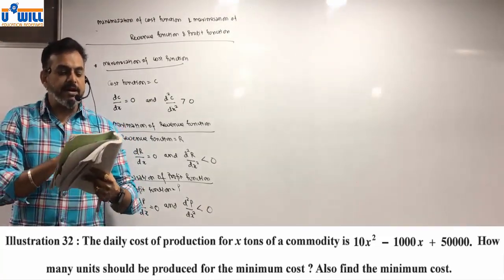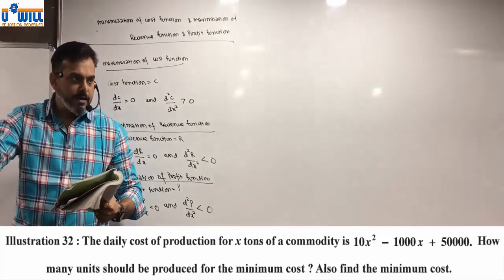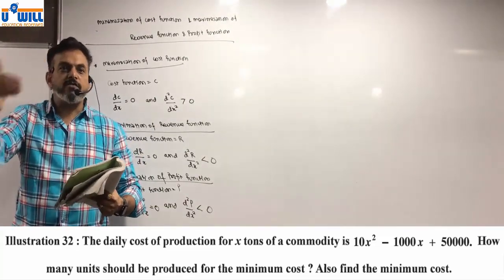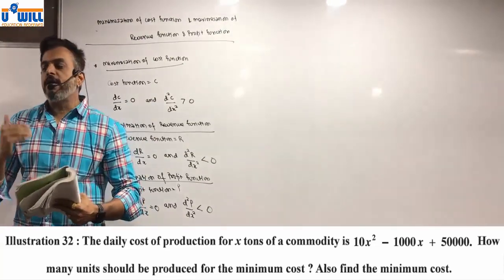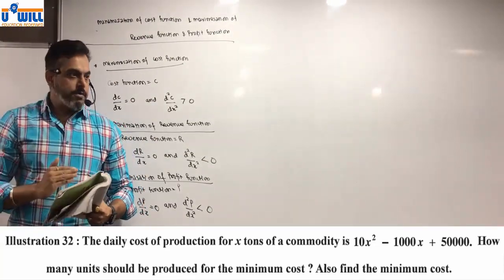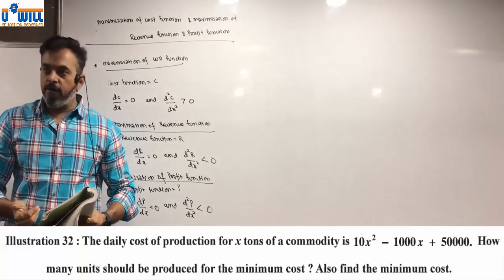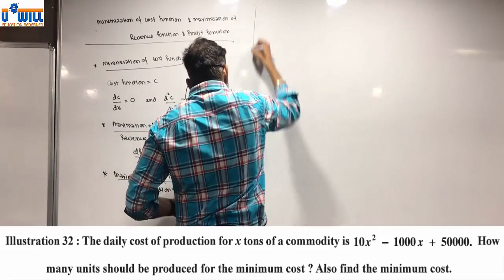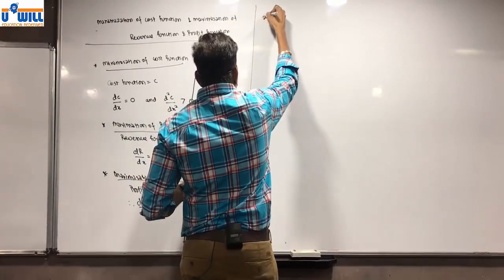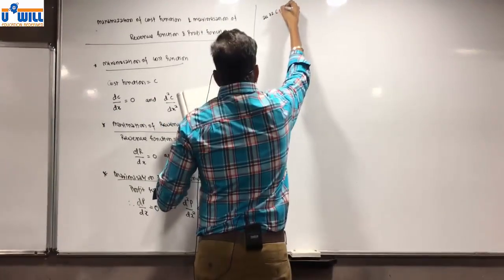So just by finding number of units it's not sufficient. Ki at what number of units cost will be minimum, we also have to find out what is the minimum cost at those units. Understood this? So we start with the first step. Illustration 32, page number 191.